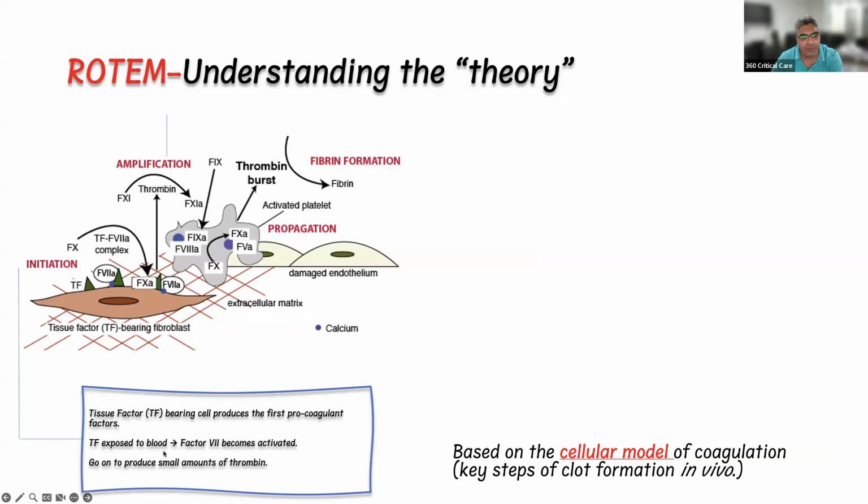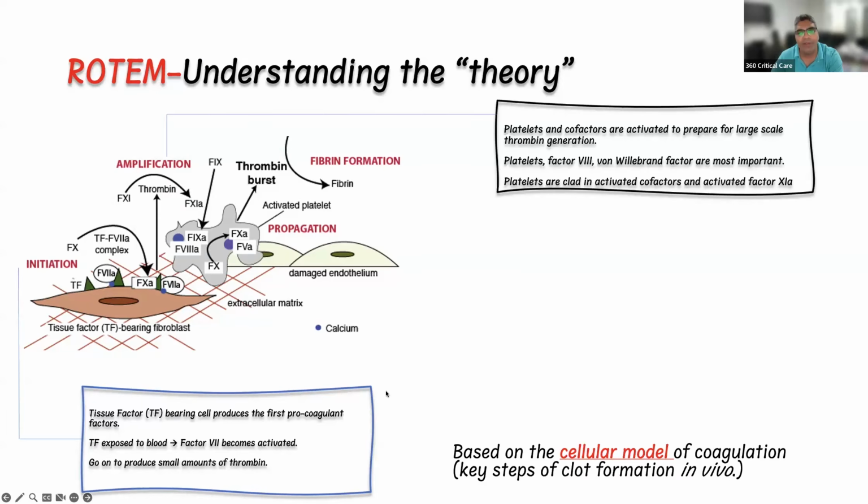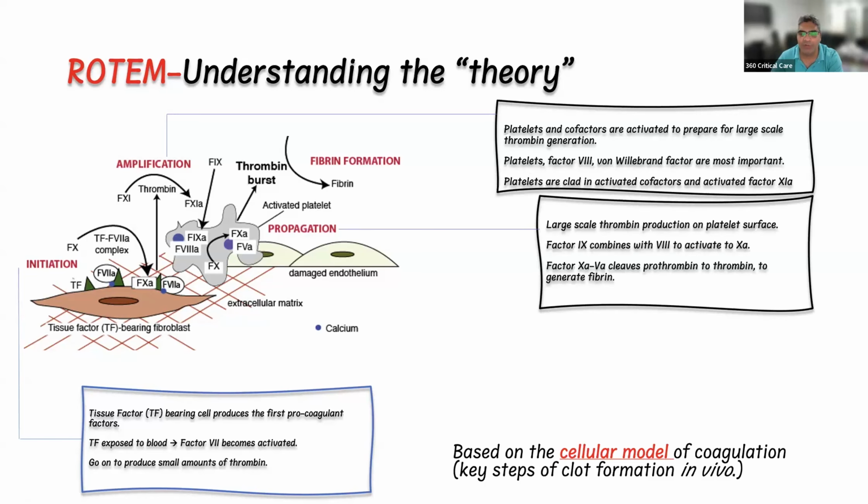Tissue factor exposed to the blood causes factor 7 activation, which produces a small amount of thrombin. This is followed by amplification, where platelets and cofactors are activated, and hence other factors also get activated, and there is platelet aggregation, and afterwards propagation of the clot with a common pathway.